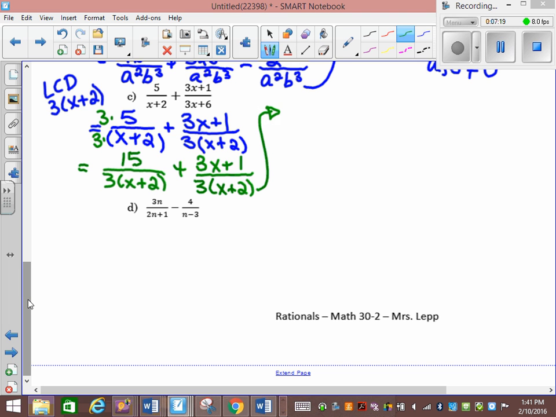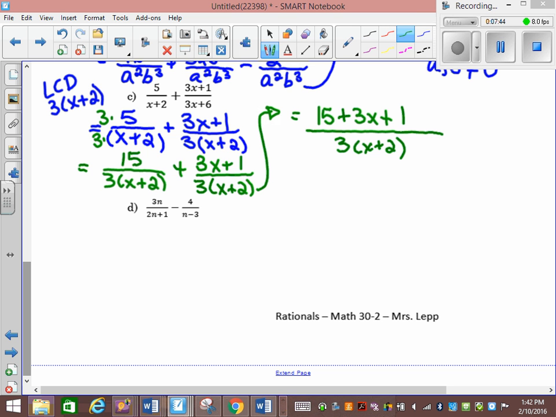Now I have a common denominator, so I can write them all over 3 times x plus 2. And on the top I have 15 plus 3x plus 1. Am I done? What else can I do?